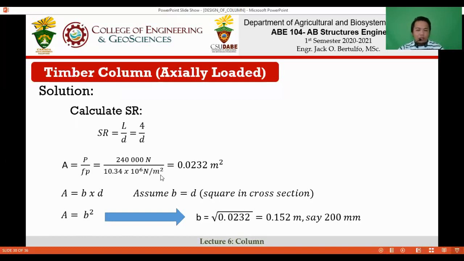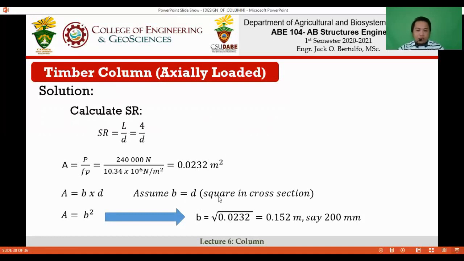So we need to calculate in the design. So we need to assume. So at first, 2,000 at 240,000. Then we have the allowable stress of 10.34 MPa. So we need to calculate the area. So we have an area of 0.0232 meters squared. First, let's assume a square cross-section.